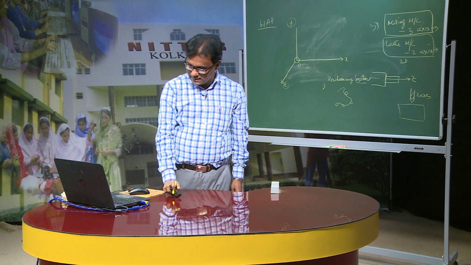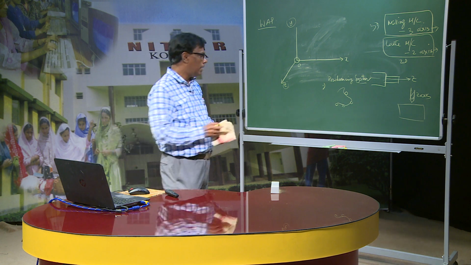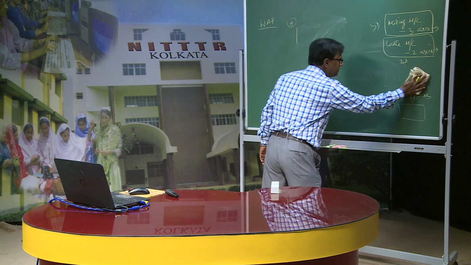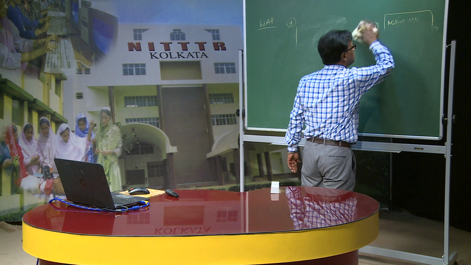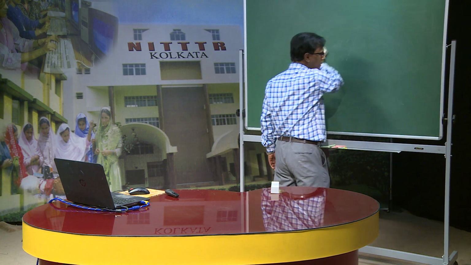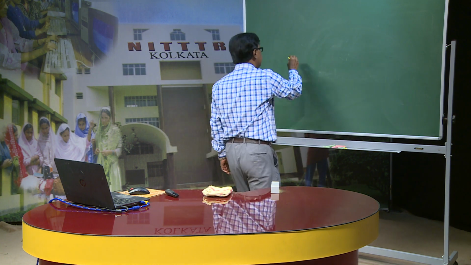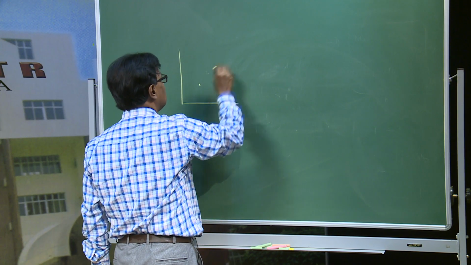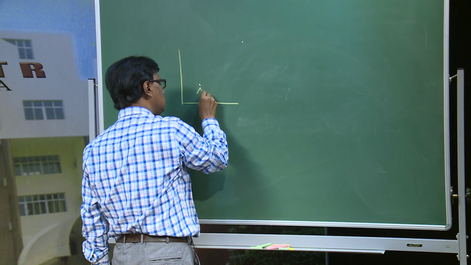Now, in a CNC machine, whenever you instruct a CNC machine, what does it do? Suppose this is your coordinate system, and your tool has to go from this point to this point.